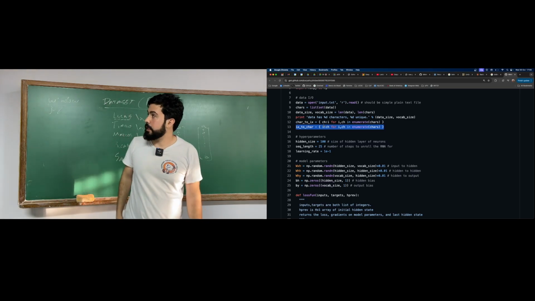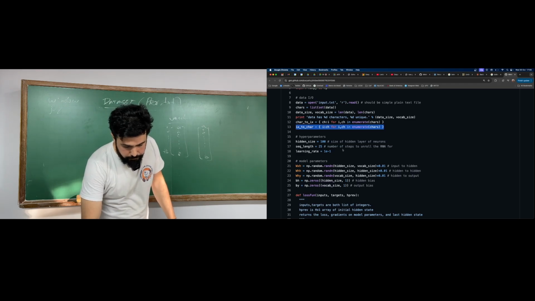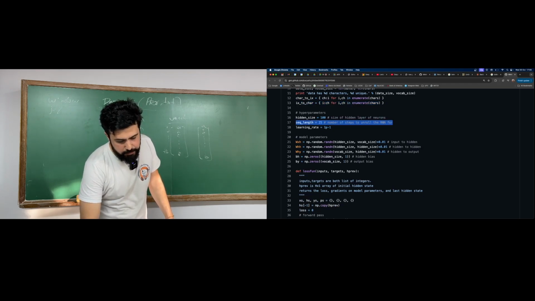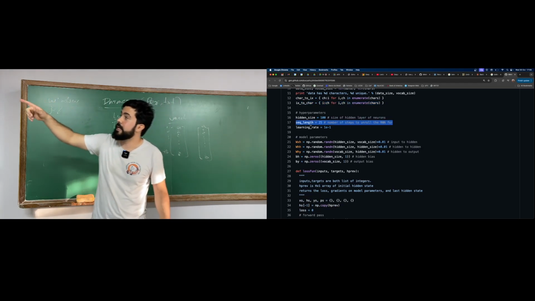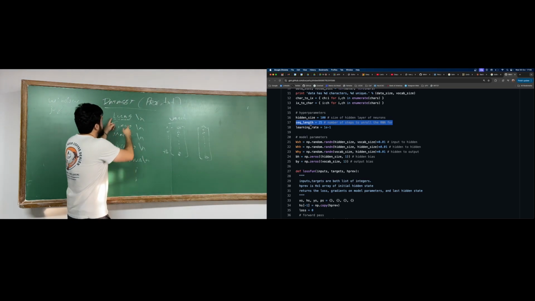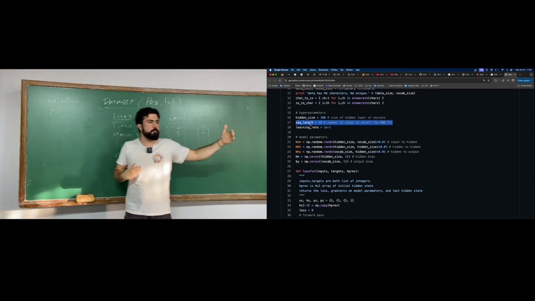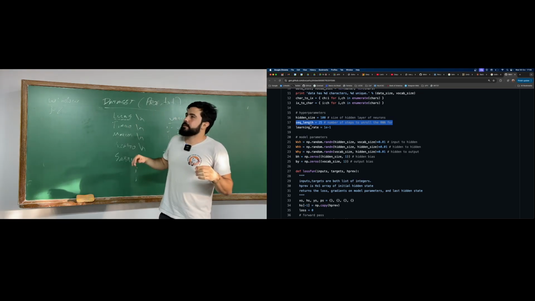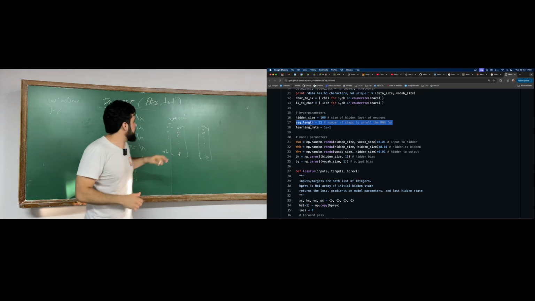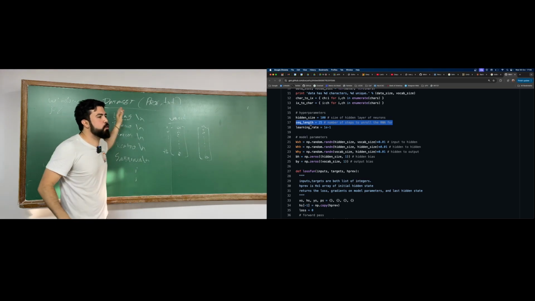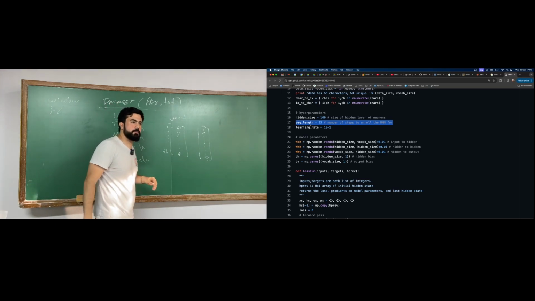And here are hyperparameters. Hidden size equals 200. Here, he's processing this document 25 characters at a time. Okay? Because he's assuming the file is probably like maybe a whole book, right, or something.